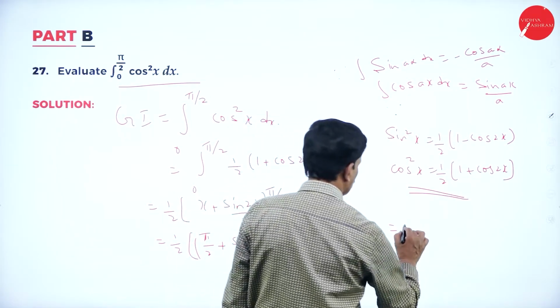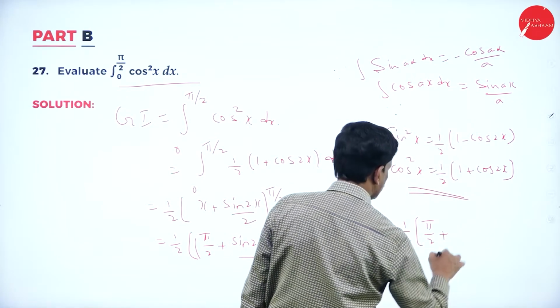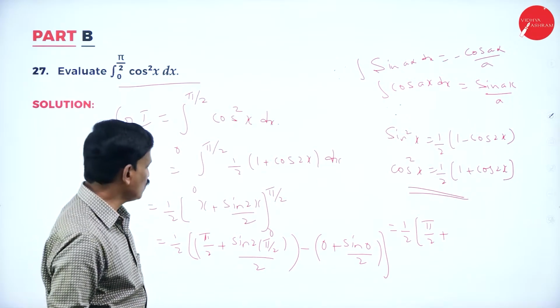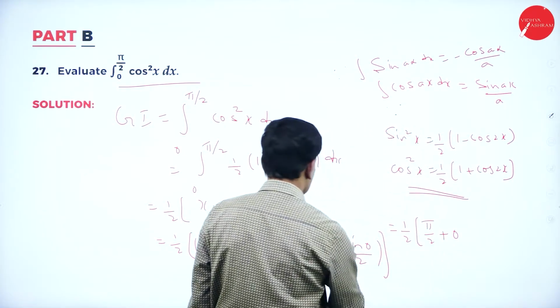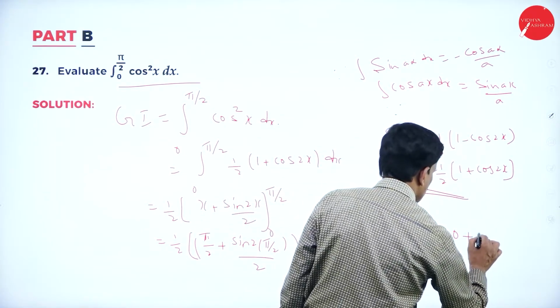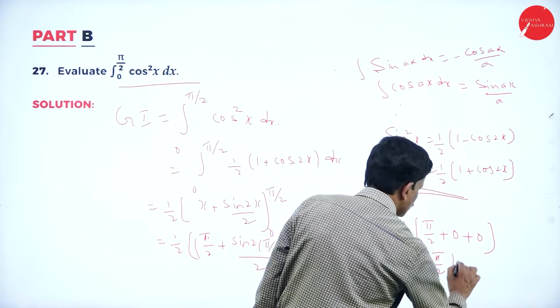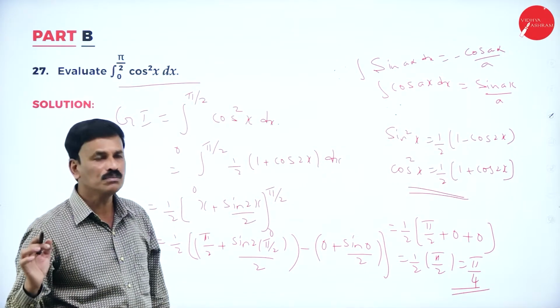This is 1 by 2 into pi by 2 as it is, plus sin pi by 2 into 2, which is sin 180. Sin 180 is equal to 0. 0 by 2 is 0. Again sin 0 is also 0. This entirely becomes 0. So this is half into pi by 2, which is nothing but pi by 4. So the required answer is equal to pi by 4.